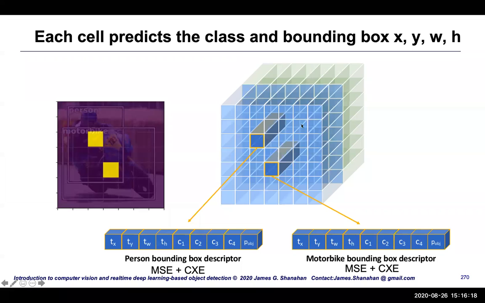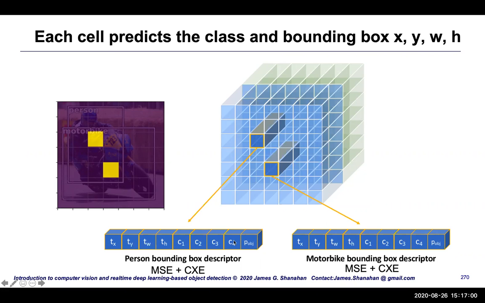And then we overlay this output feature map 7x7 grid on this input image. You can see these faint gray lines. And then we see that the center of the motorcycle falls into this cell, this receptive field, which corresponds to this cell in the output feature map. So each cell in the output feature map is associated with a target vector. The target vector has the X, Y, and the width and height of our objects that might be in that input receptive field.